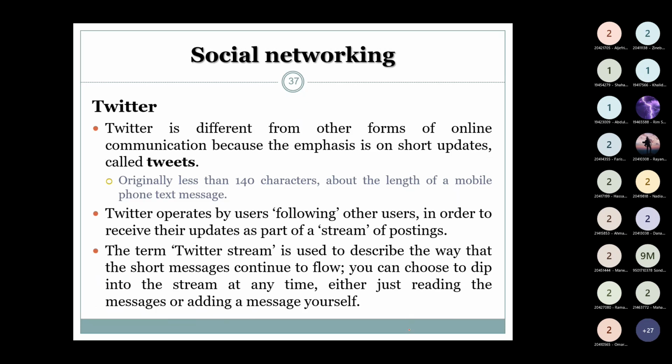Twitter is different from other forms of online communication because the emphasis is on short updates called tweets, originally less than 140 characters, about the length of a mobile phone text message. Also, Twitter operates by users following other users in order to receive their updates as part of a stream of postings. The term Twitter stream is used to describe the way that the short messages continue to flow.